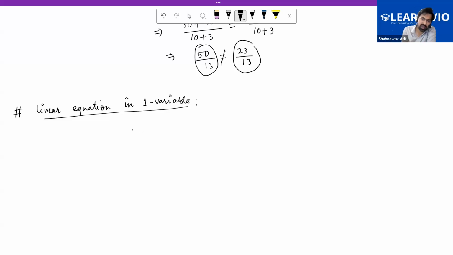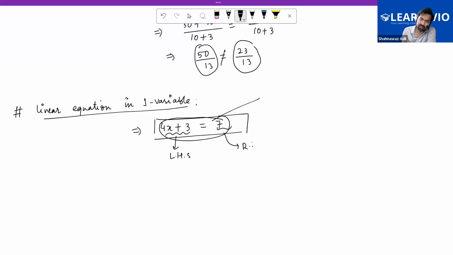Let's say you have the equation 4x plus 3 equals 7. This is an equation. You have a left hand side and a right hand side, and they are related with this equality sign.